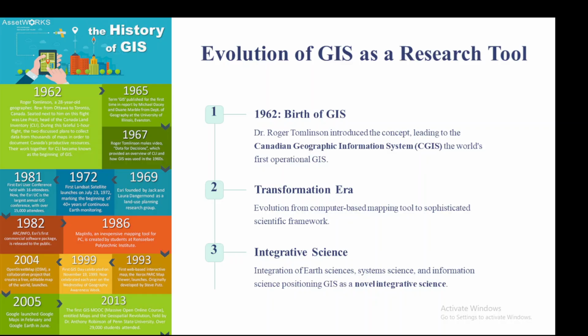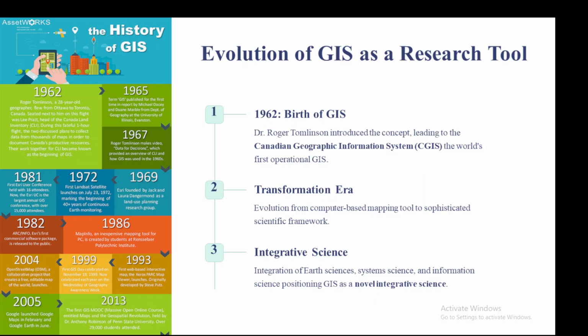Software became more modular and flexible, and researchers started using GIS to test hypotheses, model processes, and make predictions. In other words, GIS transformed from a tool that made maps to one that made spatial sense to others who were using it.